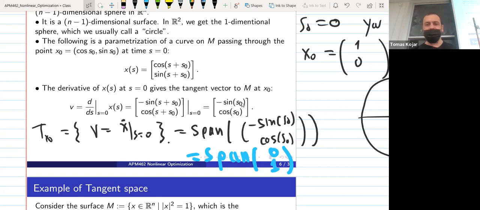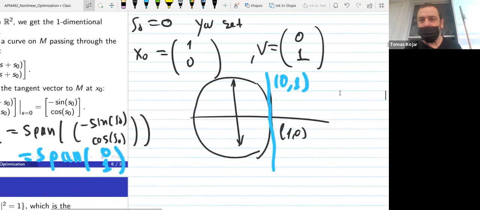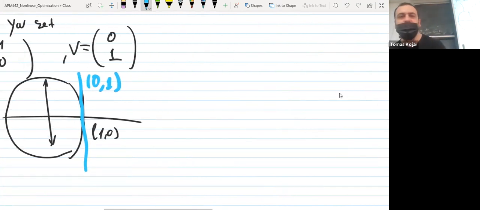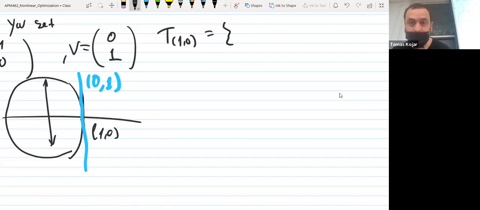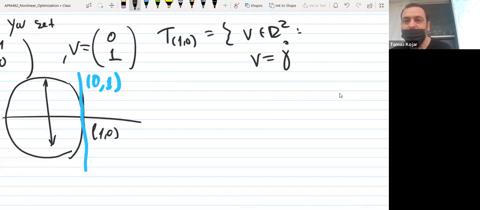So again, why are we looking at span? No more blue. The span at 1, 0 for the unit circle would be what? It would be all the vectors in R2 so that V is equal to some gamma dot of s evaluated at s equals 0.